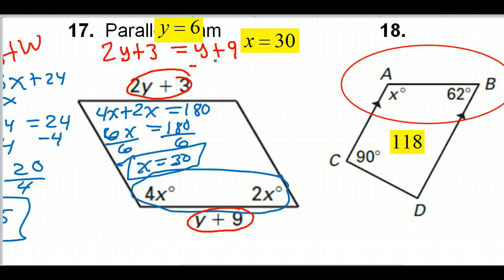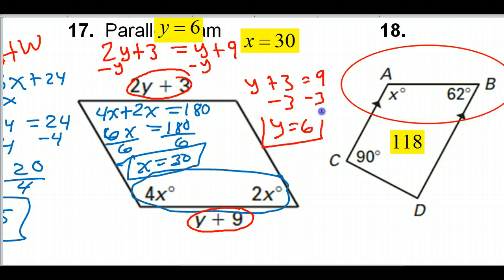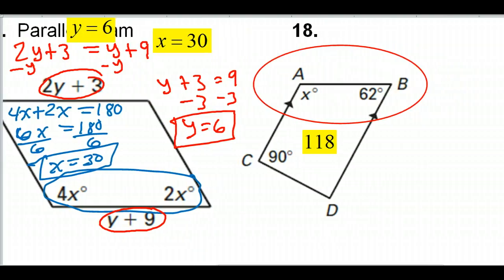It sounds like you're talking about a rhombus. We know that opposite sides are congruent, but not all of them. That would be specifically a rhombus, and we don't know it's a rhombus. So minus y. That gives us y plus 3 equals 9. Subtract 3. So that's how I got y equals 6. Any questions about number 17? And x equals 30, yes.